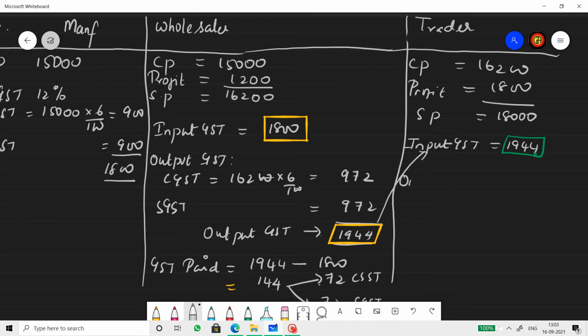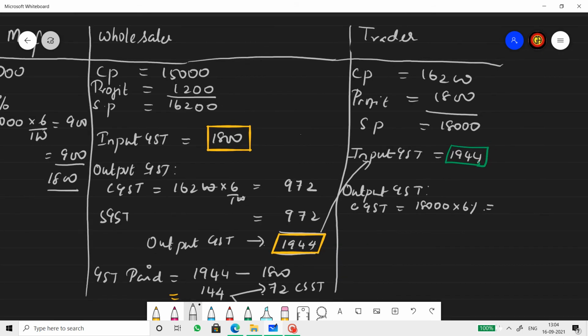Now output. When I get into the output area, I need to find the CGST separately, and SGST separately. So CGST would be the selling price, which is 18,000, into the rate, which is 6%, because 12% half is 6%, and this works out to 1080.